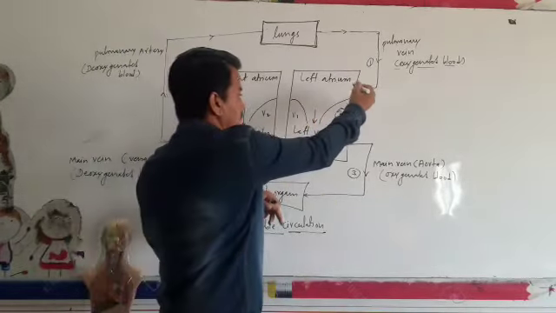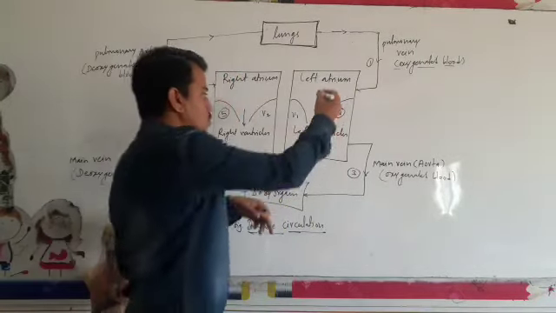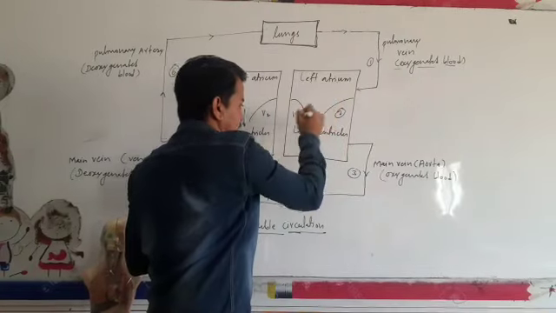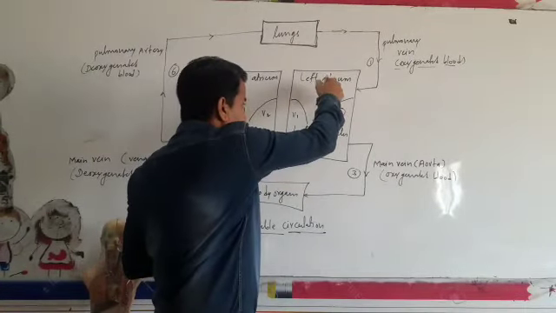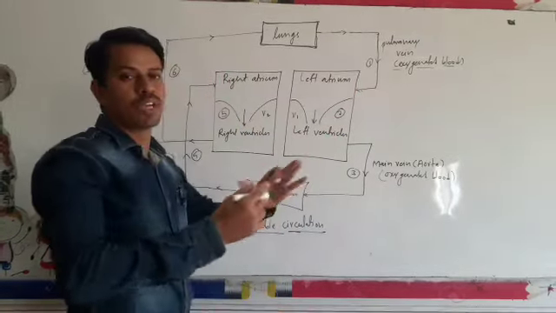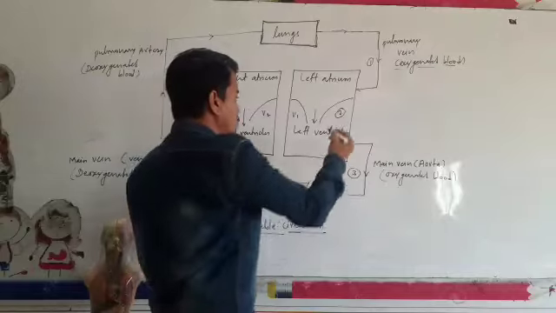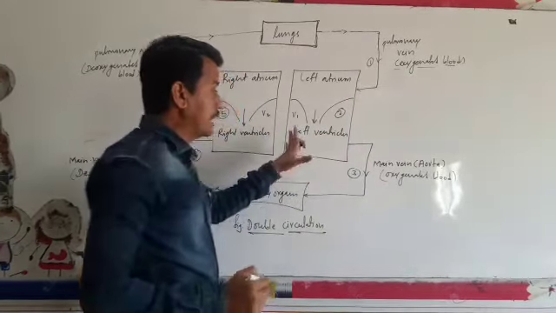When the left atrium contracts, the left ventricle is relaxed. When blood is released from the left atrium to the left ventricle, the ventricle becomes contracted and the left atrium relaxes.